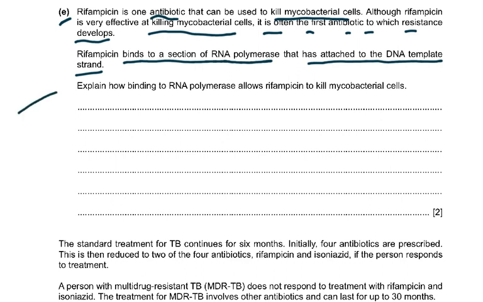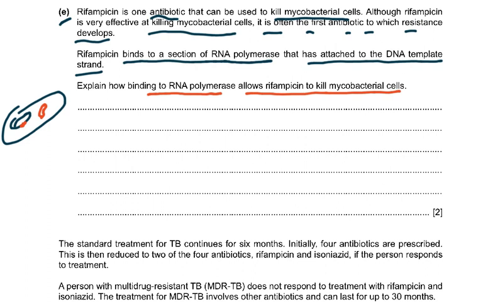Remember, bacteria have DNA, and there would be a gene for RNA polymerase, which would be the enzyme present in it. So it attaches to the DNA template strand. Explain how binding to RNA polymerase allows rifampicin to kill the mycobacterial cells.